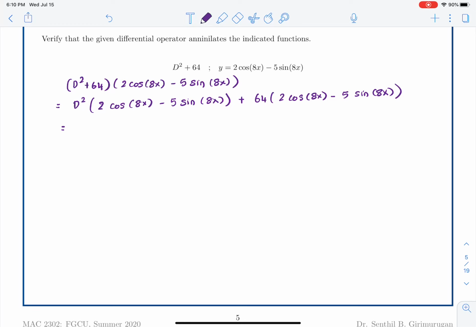The first term I could write as D of D, D times D is D squared, applied to 2 cosine 8x minus 5 sine 8x. Distribute, we would have 128 cosine 8x minus 320 sine 8x.